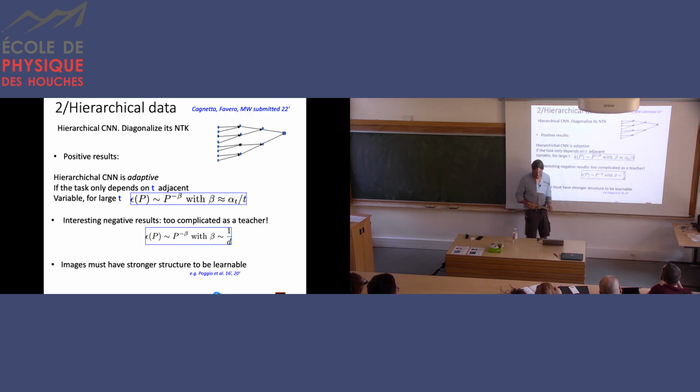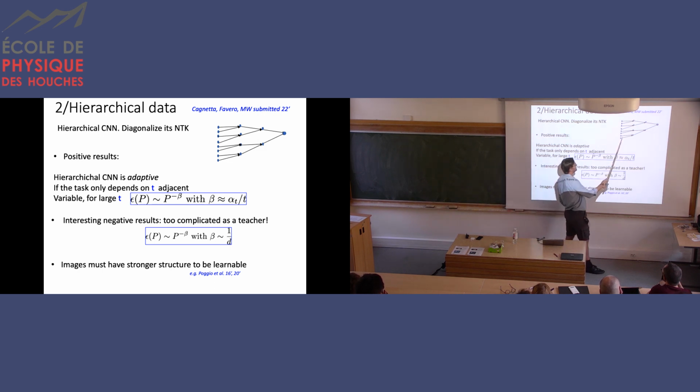So this is submitted work, not yet on the arXiv, which essentially extends that to hierarchical CNNs. We look at CNNs where the patches have no overlap, so it has the structure of a tree.